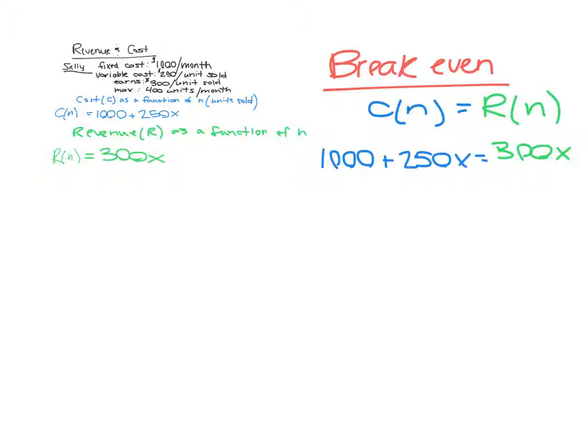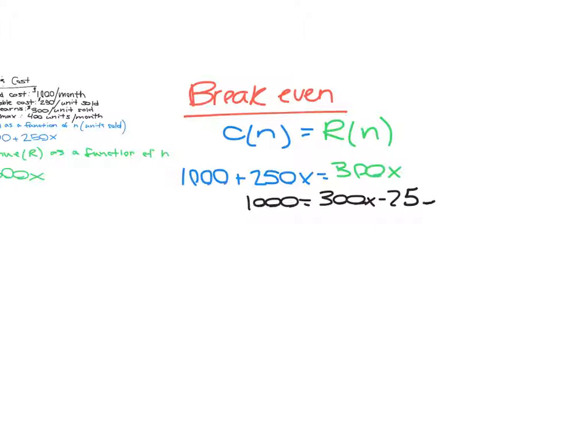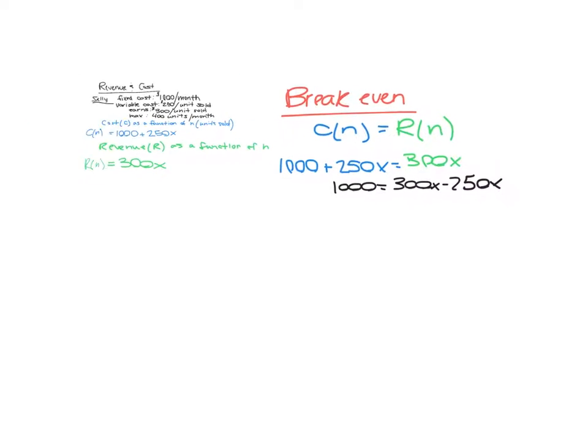And now we want to solve for x, the amount of units sold where everything is even. So to do that, we can isolate for x. Let's move this over here. We get 1,000 is equal to 300x minus 250x. We can move that back over now.